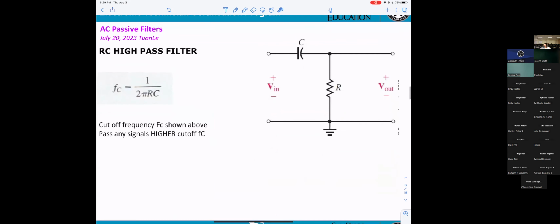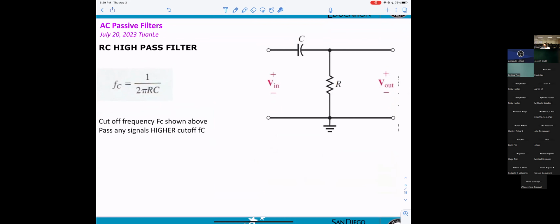Now you get the RC high pass filter. When you're looking at high pass and low pass filters, you need to recognize which one is a high pass and which one is a low pass. You can see the difference. On the low pass, the capacitor is here. And on the high pass, the capacitor is here. That is the high pass.